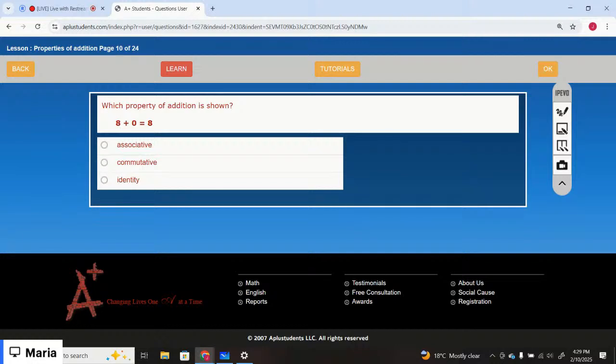Which property of addition is shown? 8 plus 0 equals 8, which is the correct option.